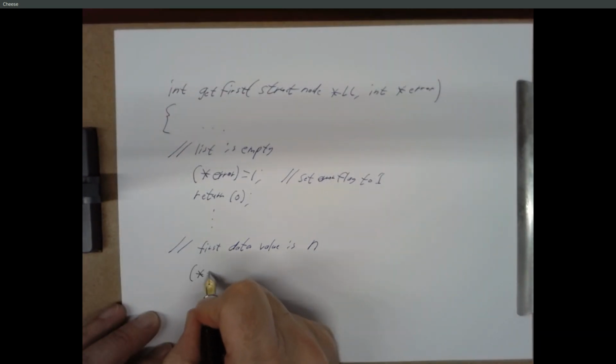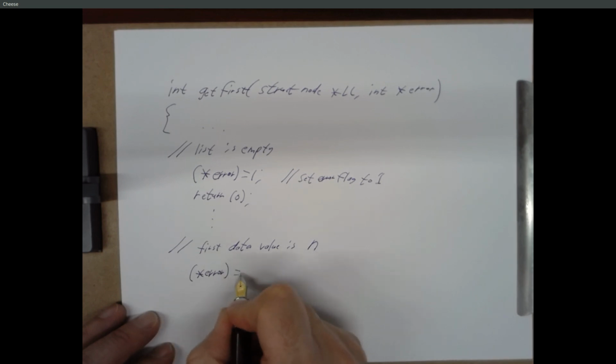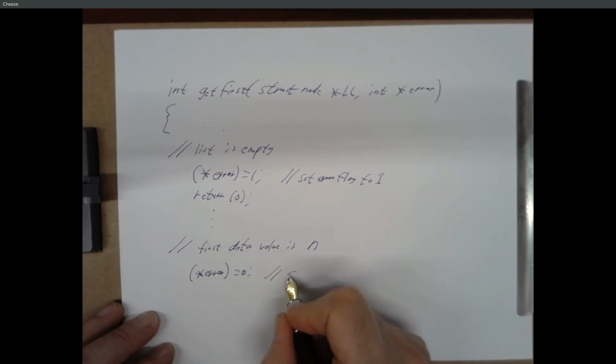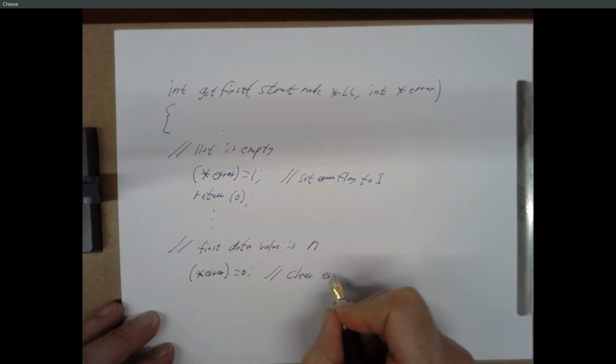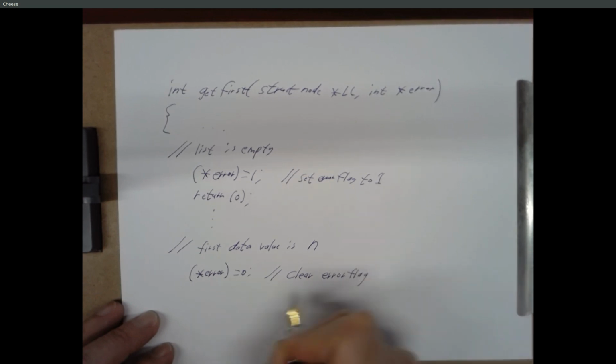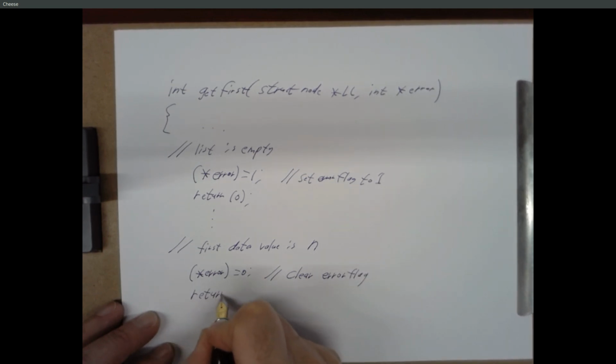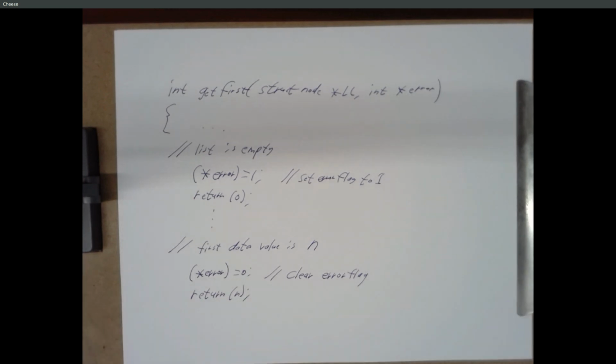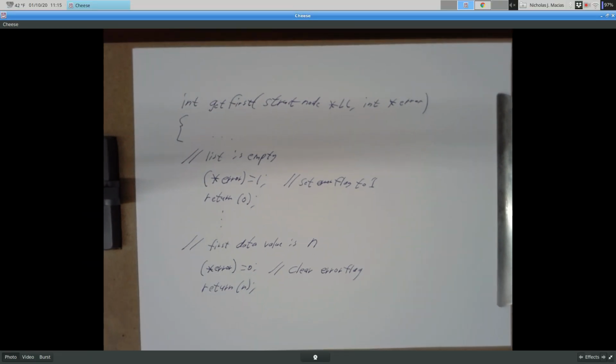So star error equals 0. It says clear the error flag, and then return n. So just a reminder how you deal with these pointers to integers.